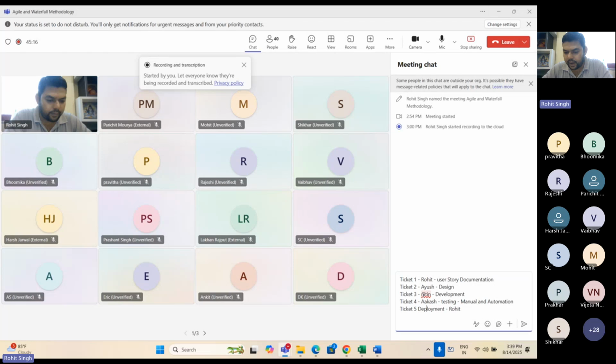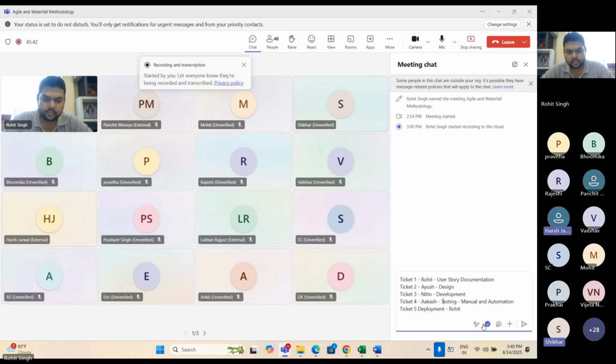So if I ask you this question, who is going to do the documentation, who is going to do the design, who is going to do the development, who is going to do the testing, who is going to do the deployment, what would be the answer? Yes guys, it is written.